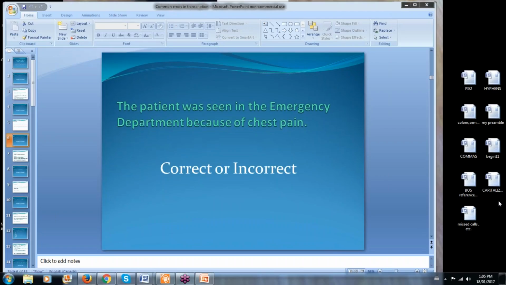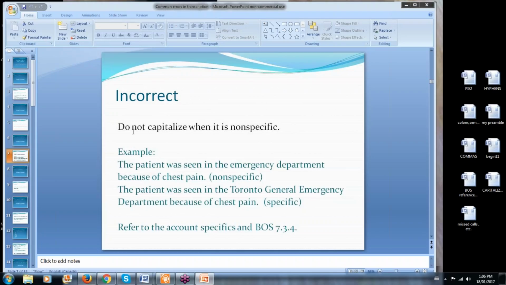Melissa, okay, everybody is saying, oh, incorrect. Should be lowercase emergency department. Incorrect, no capitals. That's right, it's incorrect. Do not capitalize when it is non-specific.